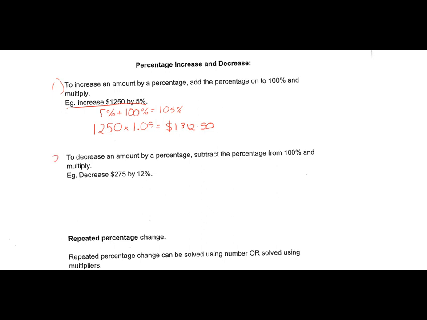So in the second example, we are asked to decrease an amount by a percentage by subtracting the percentage from 100% and then multiplying. So here we are asked to decrease $275 by 12%. So from 100%, we subtract the percentage, which gives us 88%.